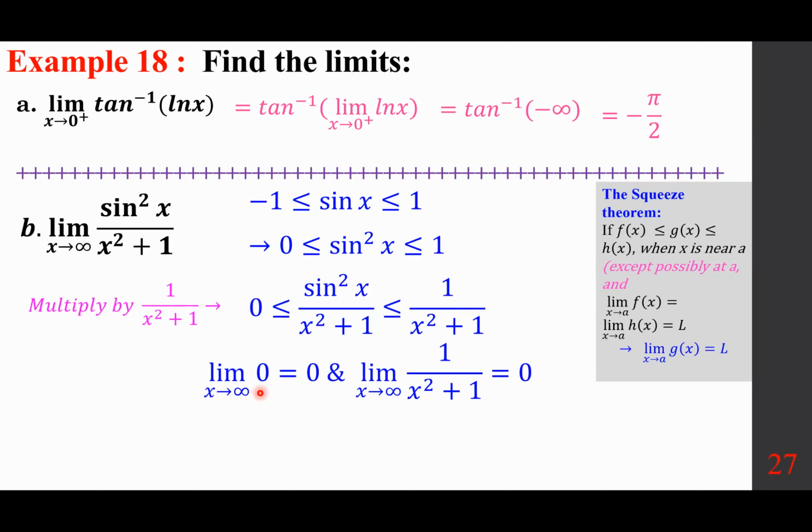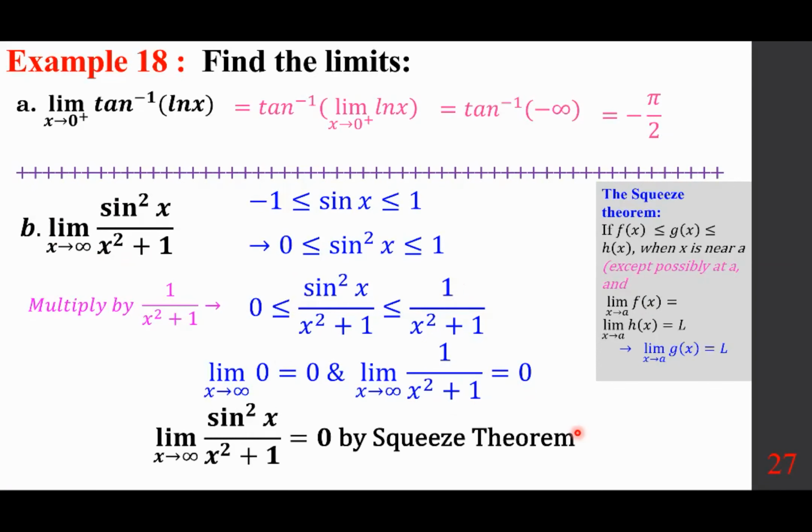So again, I hope you see that. When x approaches infinity, that becomes 0. And by the squeeze theorem, the limit of the middle piece as x approaches infinity must also be 0. And you have to mention the squeeze theorem. That is extremely important to understand why this is the case.